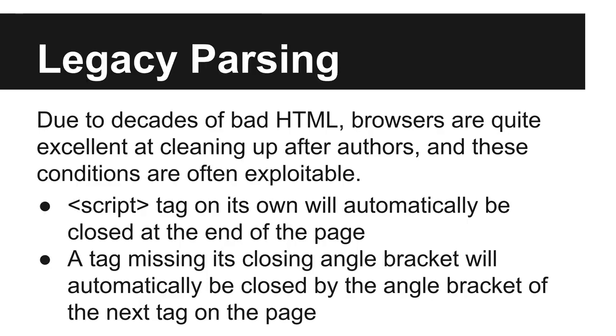An old trick was to actually wrap script tags in an additional set of angle brackets, which would get it right through a web app firewall and parse properly in the browser. So keeping in mind these weird discrepancies in HTML parsing and how you think about things is a really good way to actually find ways to get around filters. We're going to talk a ton more about filters very shortly.